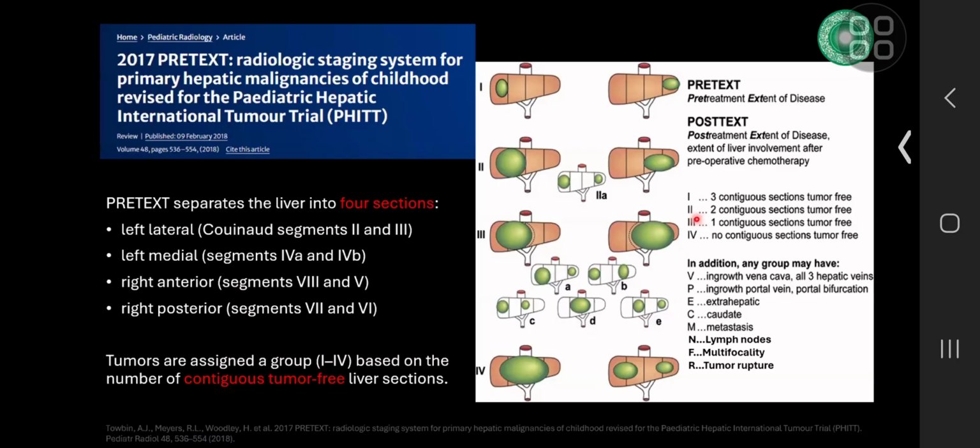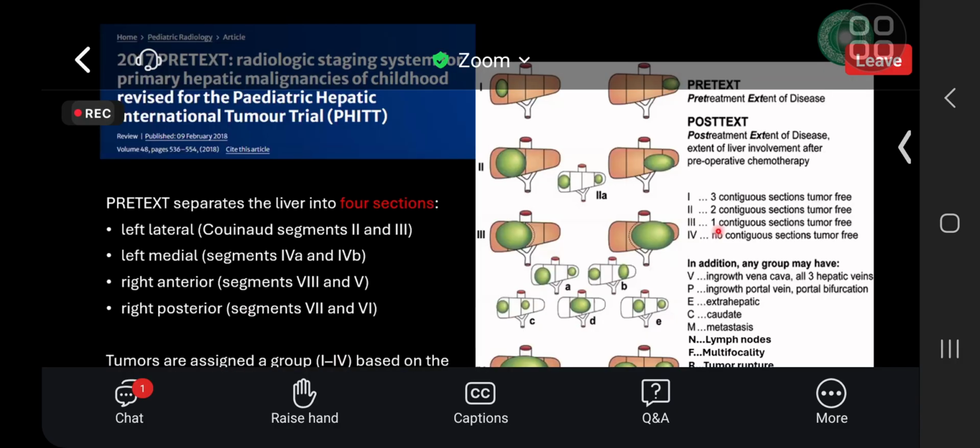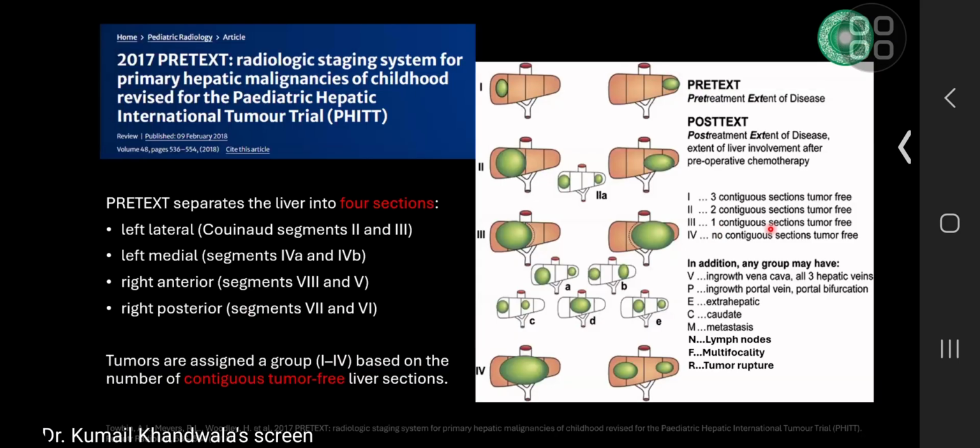PRETEXT 3, on the other hand, is one contiguous section of the liver which is tumor-free, and this can have a variety of possible options. PRETEXT 4 is simple because there is no contiguous section of the liver which is tumor-free. Now, once the PRETEXT stage is determined, you're going to have to look for any additional annotation criteria, which we will be discussing shortly in the subsequent slides.